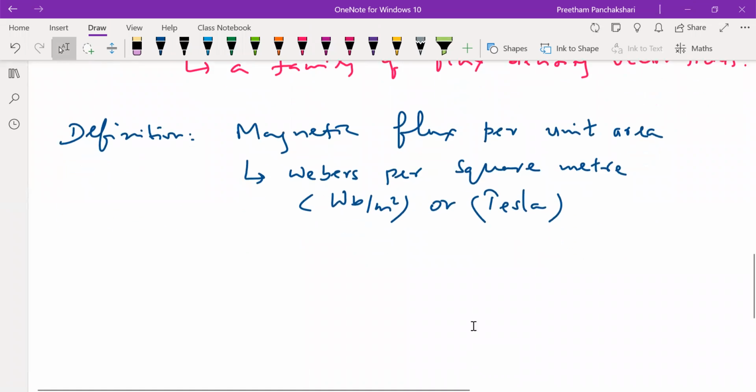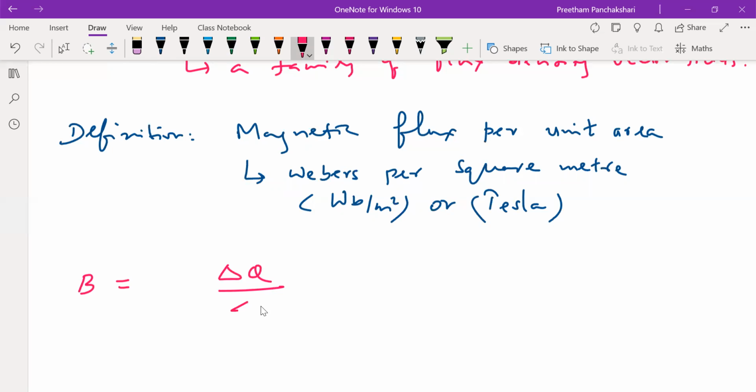A more meaningful, more mathematical definition is given by B is equal to delta phi by delta S, limit delta S tends to 0.